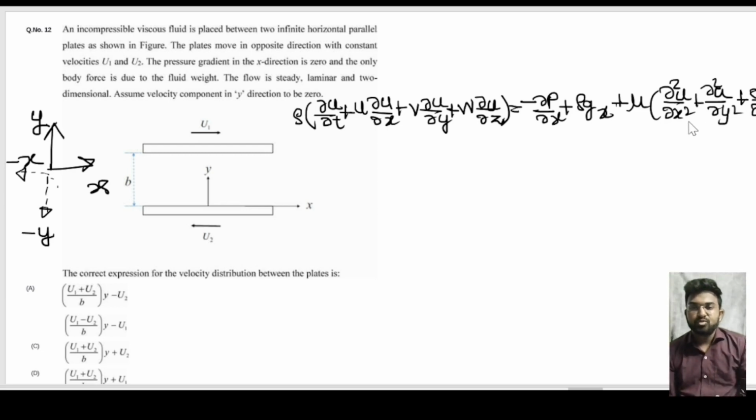You have to write the full Navier-Stokes equation in the positive x direction. You have to write this equation each and every time you see a Navier-Stokes equation problem.